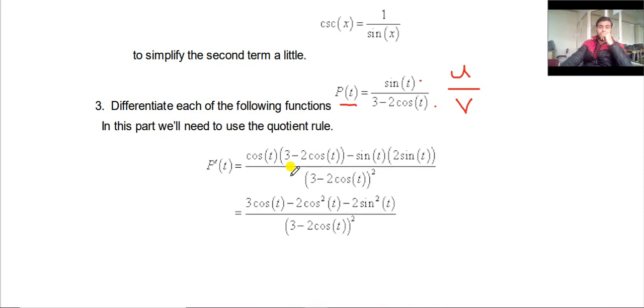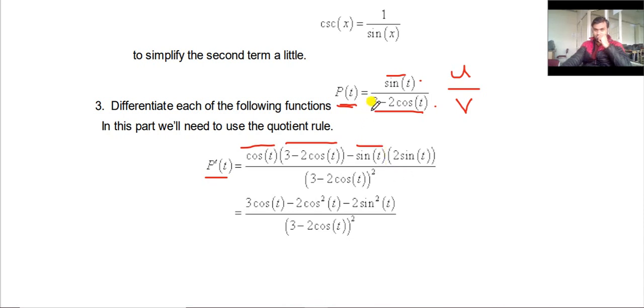So when p(t) is differentiated, it becomes p dash t. Then denominator, so this is your denominator, into differentiation of numerator. Differentiation of sin t will be cos t, minus numerator, so this is the numerator, into differentiation of denominator.